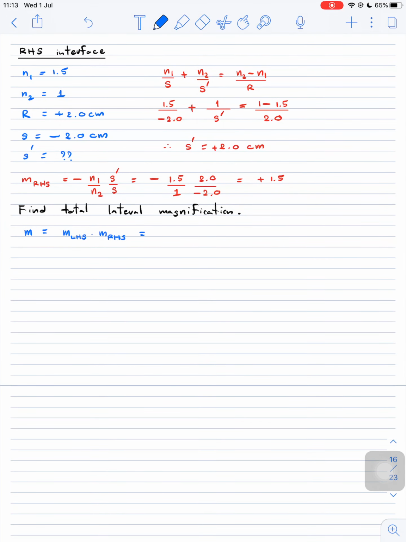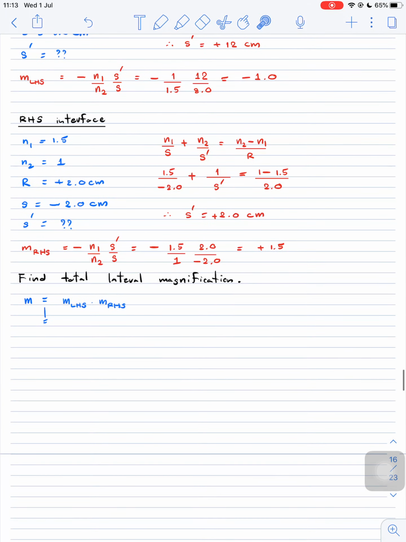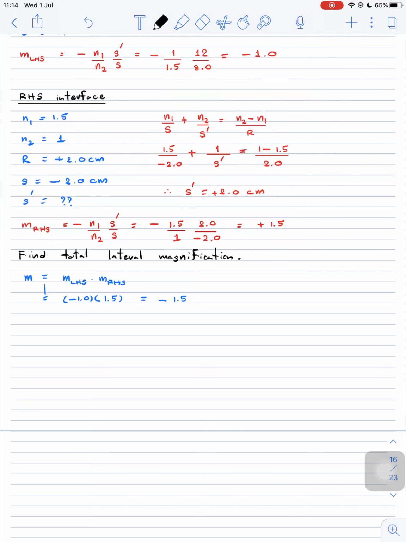So let's just put in the numbers. The left hand side is equal to minus 1.0, and here this one is equal to 1.5, which is equal to minus 1.5. So this will be the answer.